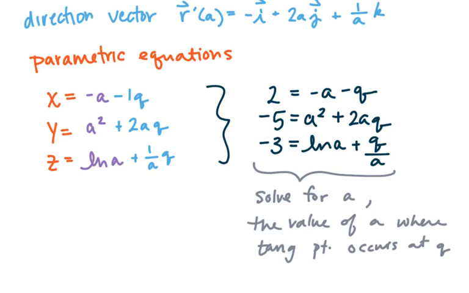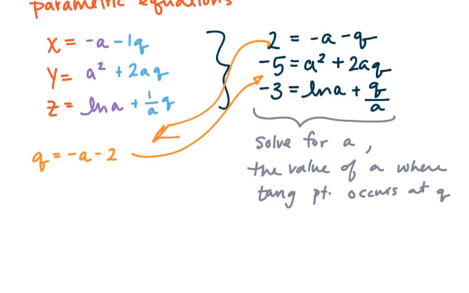The easiest thing for me to do would be to use the substitution method. I'm going to isolate q, and that means q is going to be negative a minus 2. I can take that and plug it into my negative 5 equation.